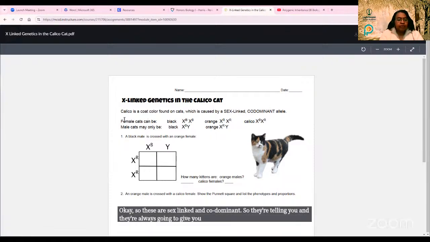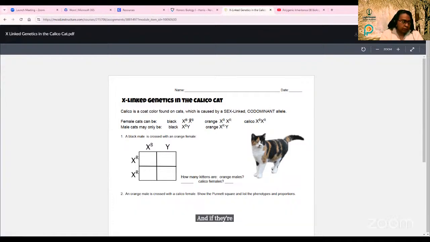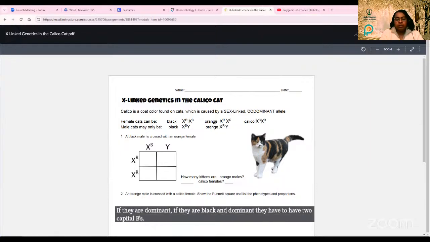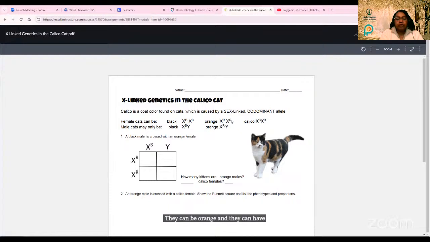They're telling you, and they're always going to give you a key, that female cats can be black, and if they're female, they have to have 2 X chromosomes. If they are black, they have to have 2 capital B's. They can be orange, and they can have 2 capital R's. I notice there are only capital letters here, there are no lowercase letters.